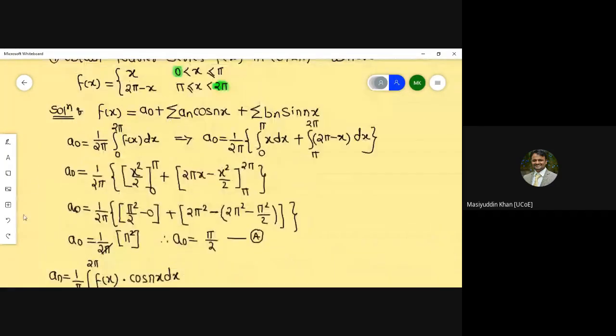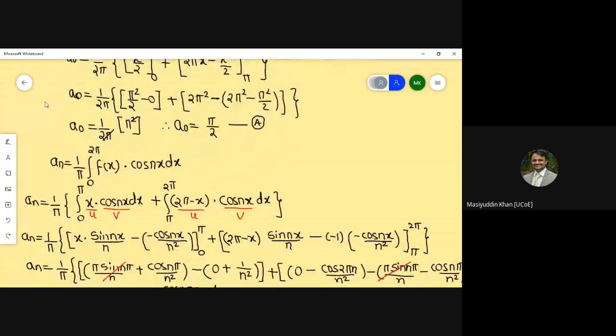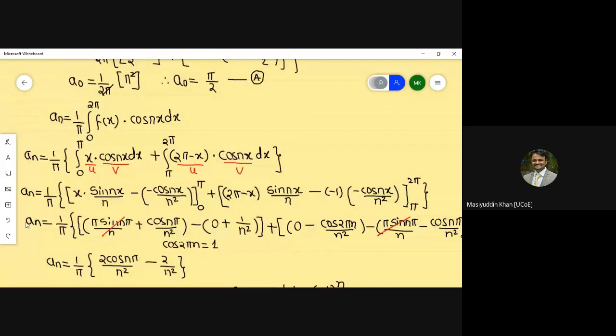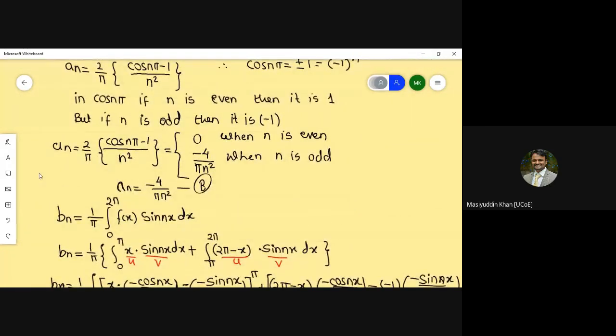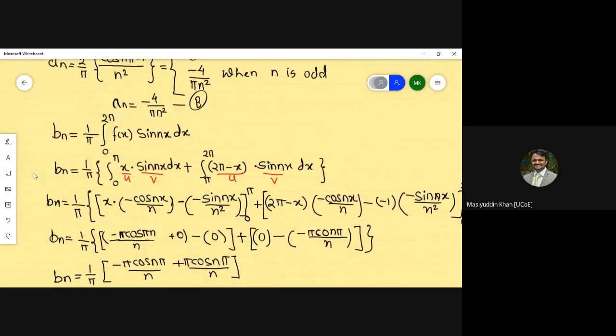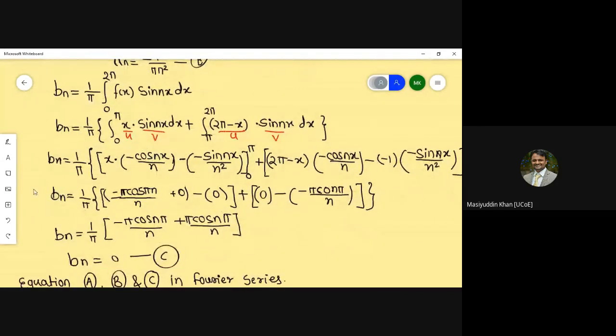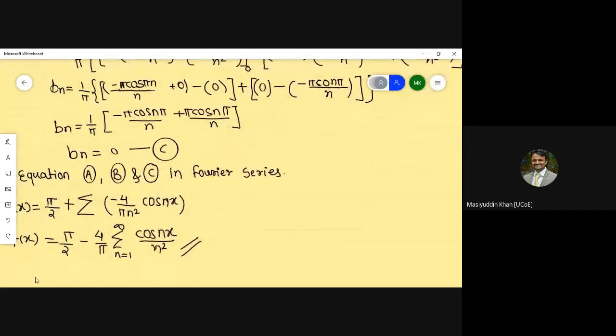So anyone having any doubts regarding this problem, please ask. If no doubts, we can stop here and we'll meet on Friday. There will be an internal, sorry, tutorial. So there will be a tutorial on Laplace transform and inverse of Laplace transform.